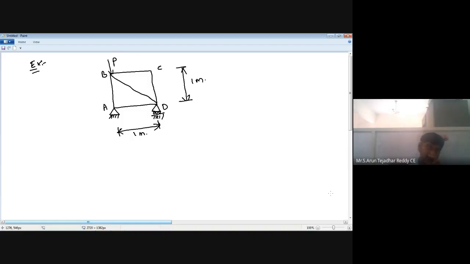All of you draw this diagram, and below that write a question: find the forces in the member, or else find member forces of the given truss.